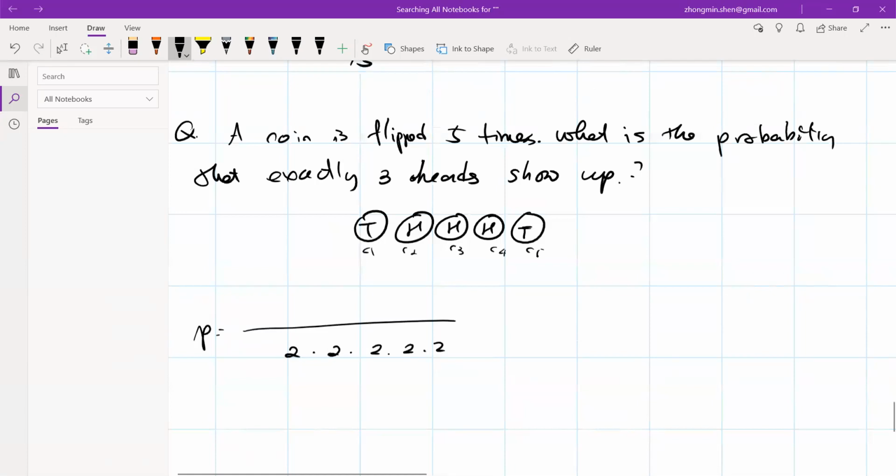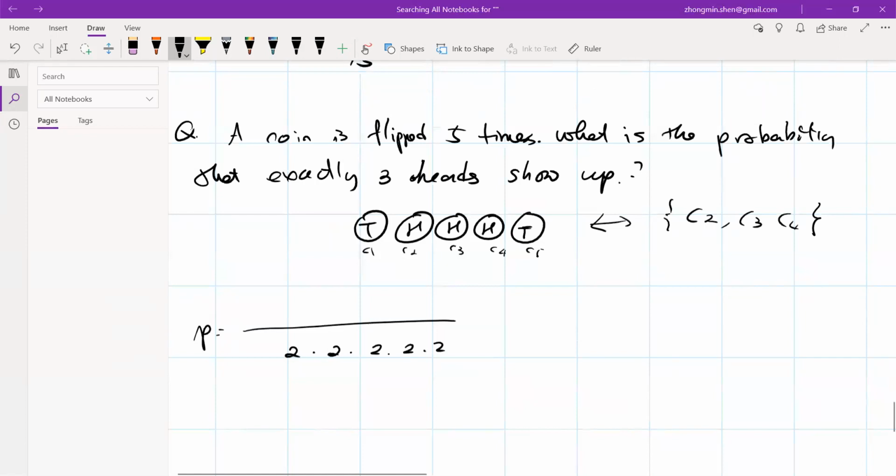One pattern corresponds to, for example, C2, C3, C4 being selected, then you have this pattern, THHHT. If C1, C2, C3 are selected, you will get HHHTT.